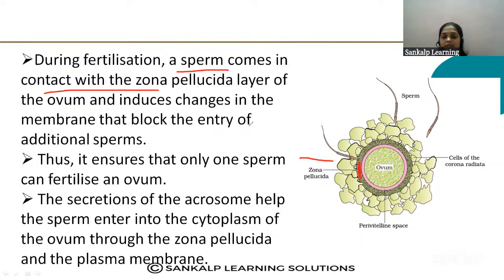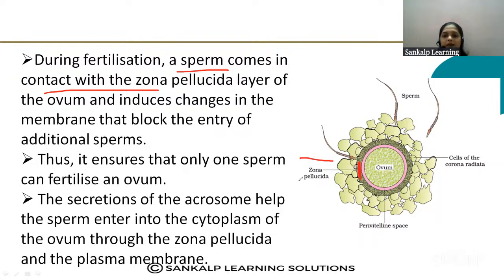When the sperm enters into the ovum, certain changes occur inside the ovum. What happens inside the ovum? It blocks the entry of other sperms. When one sperm enters inside the ovum, there is no entry for the other sperms, almost all the time.